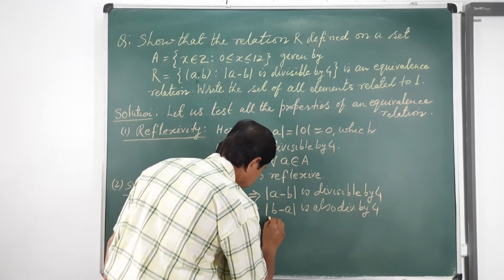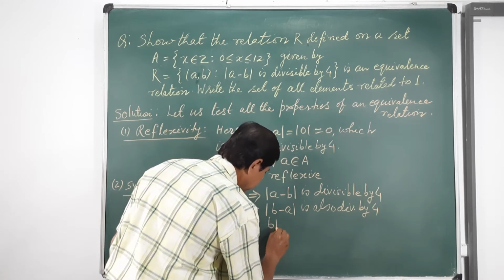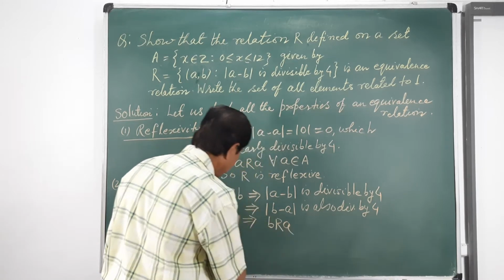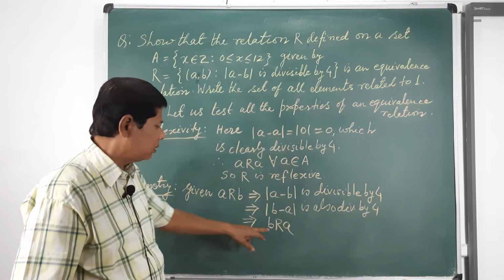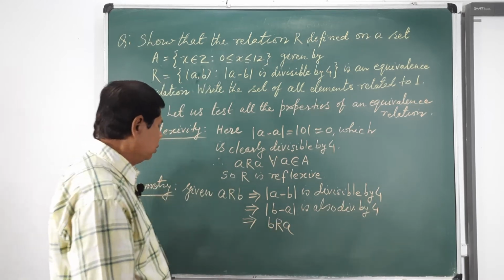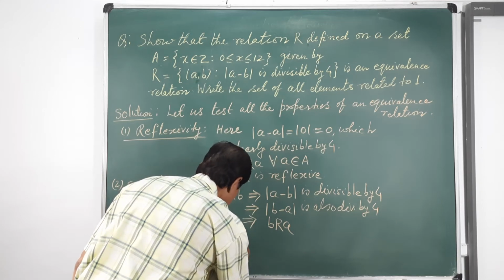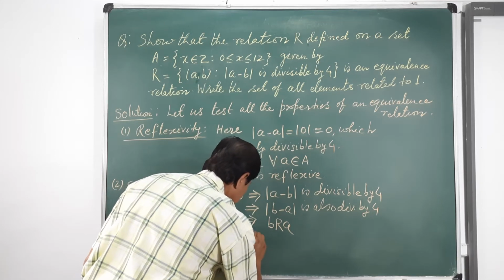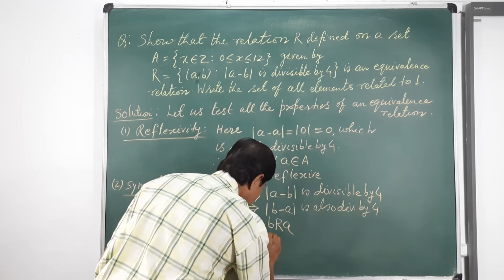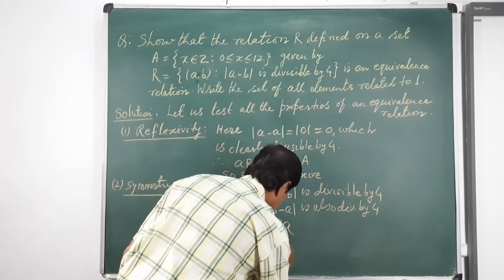This implies b is related to a. So a is related to b implies b is related to a. So hence we can write R is symmetric.